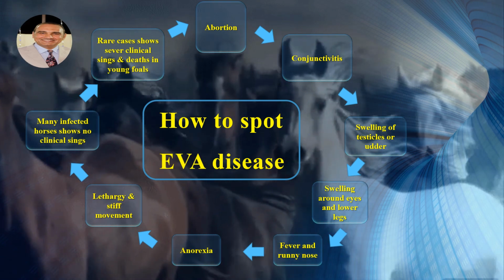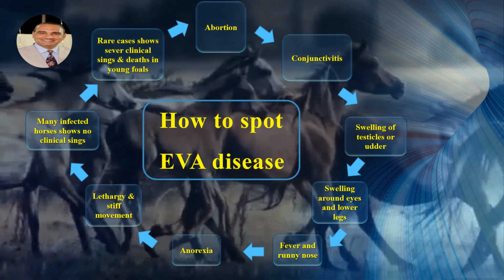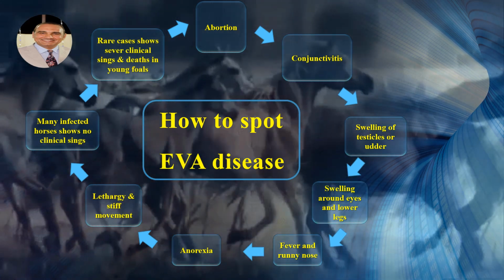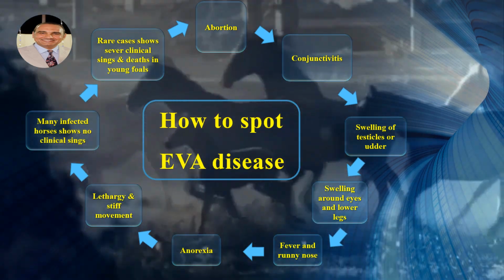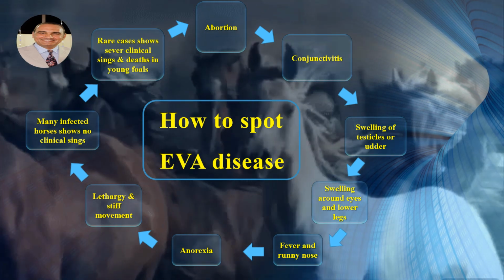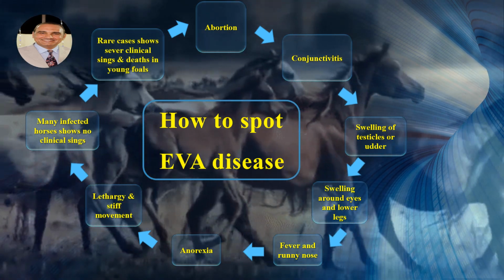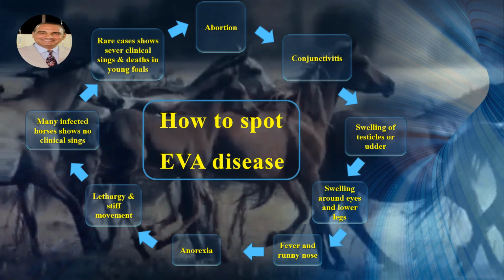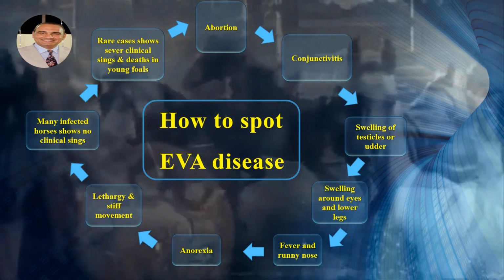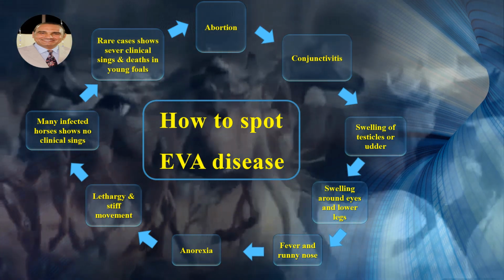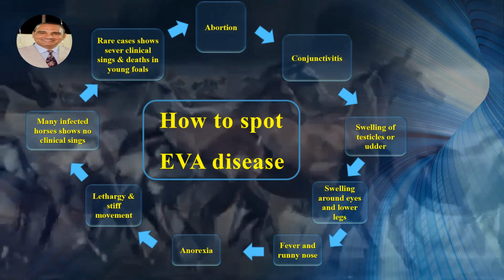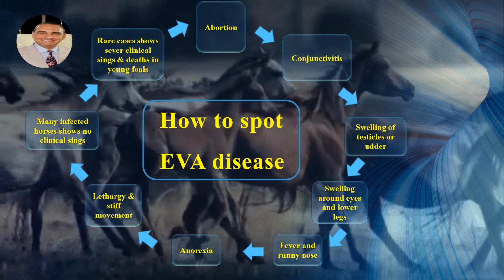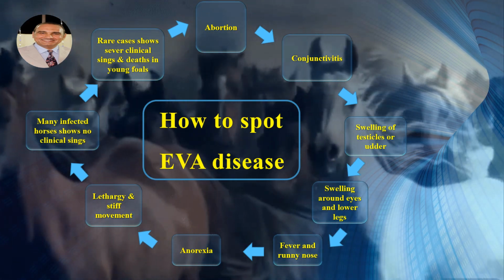in the equine population. How to spot equine viral arteritis disease? One or more of the following clinical signs spot the presence of the disease: abortion, conjunctivitis, swelling of the testicles or other areas, swelling around the eyes and lower legs, fever and runny nose, anorexia, lethargy, and stiff movement.